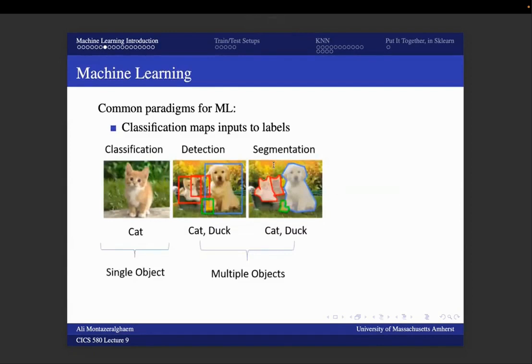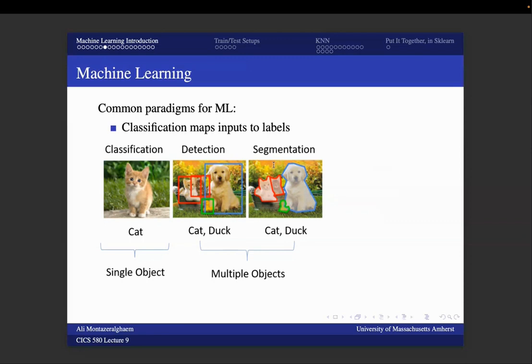And we have some paradigms for machine learning. The first one is classification, which I briefly explained in the previous slide. In classification, we want to get some features as an input and then map this input to the label.